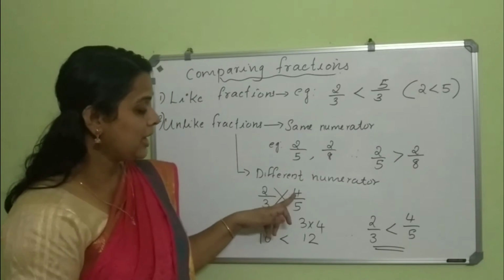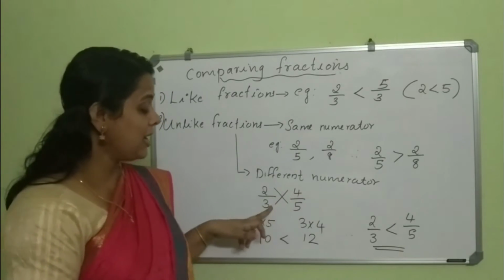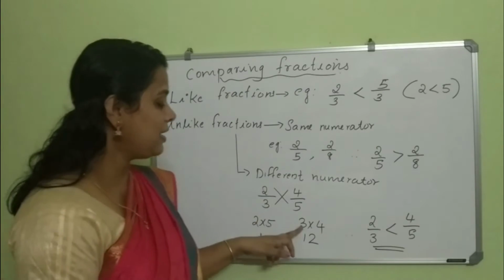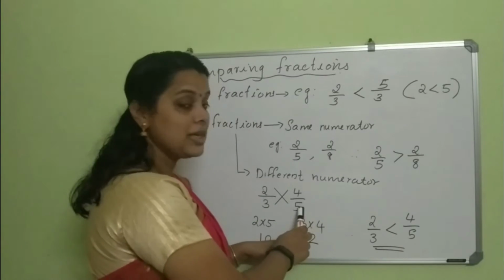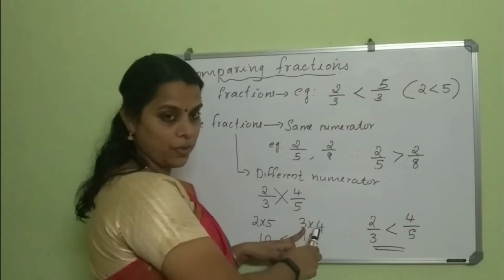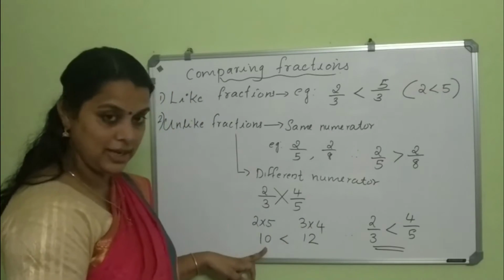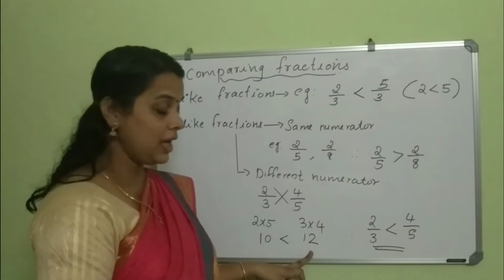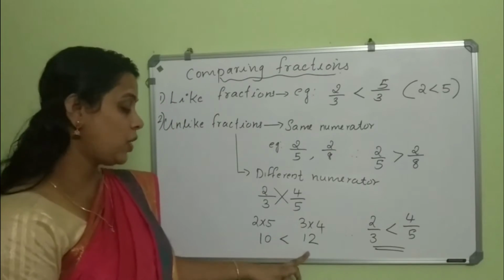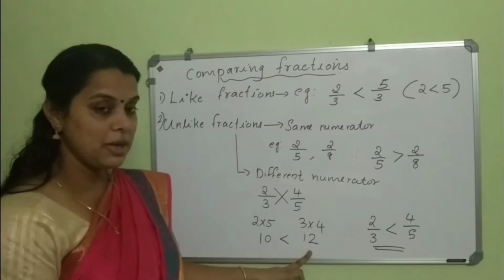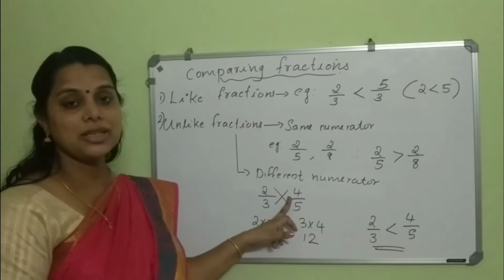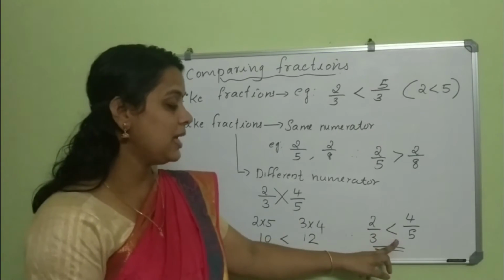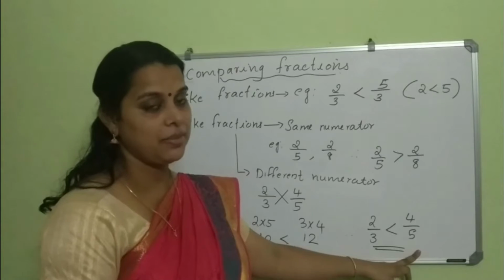Then we multiply the second fraction's numerator and the first fraction's denominator, and write it down for the second fraction, that is 3 into 4. 2 into 5 is 10, 3 into 4 is 12. Okay, so which is bigger? 12 is bigger, so the second fraction is bigger. So we can write 2 by 3 is less than 4 by 5.